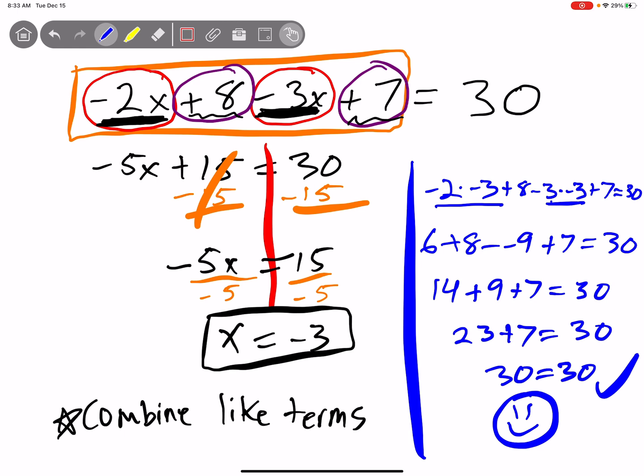So I'm going to give you a problem to do. Actually, I'm going to give you a few problems to do, and I want you to solve them for me.